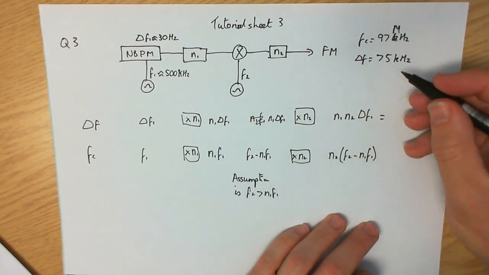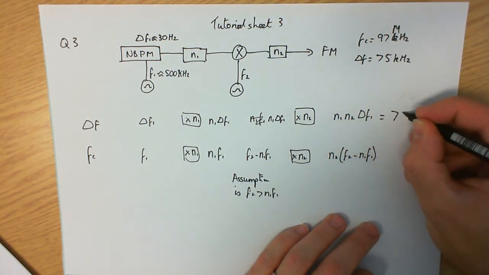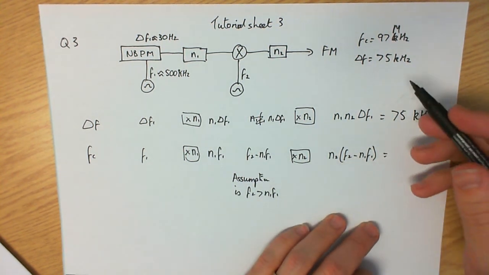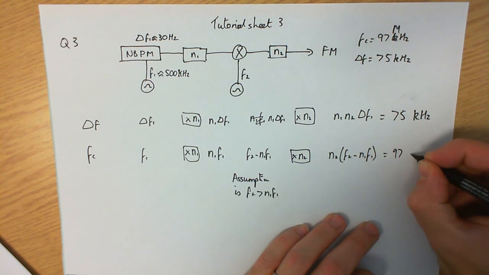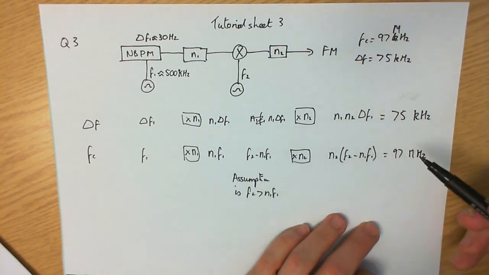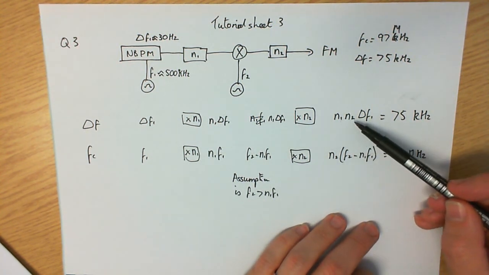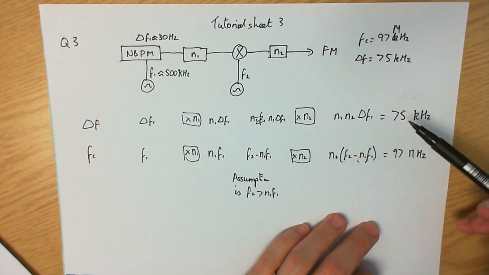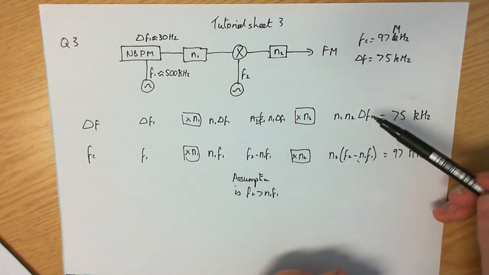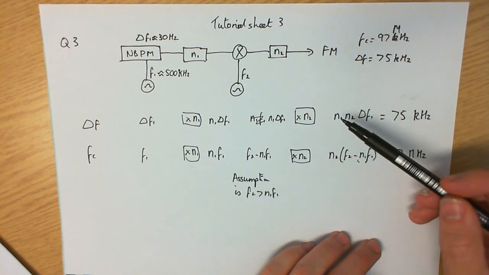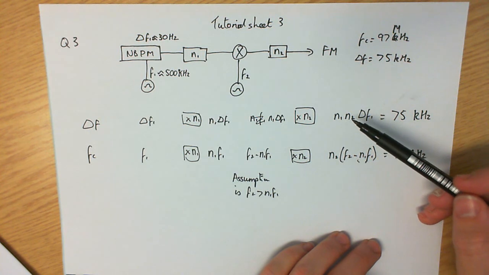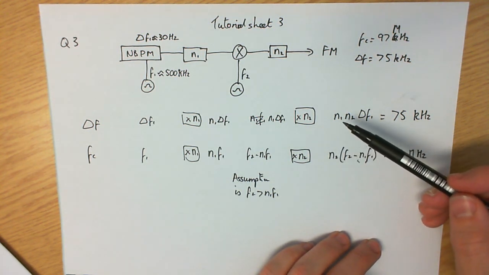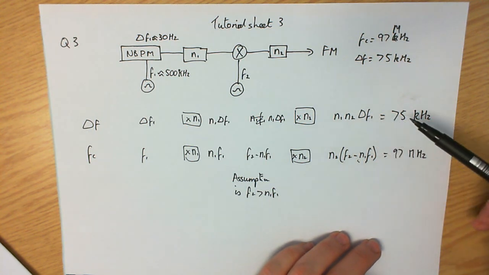So that has to be equal to 75 kilohertz, and that has to be equal to 97 megahertz. So we've got 3 unknowns, and we've only got 2 equations, so this is why there's an infinite number of solutions. It's all about how you design and trade off the values of N1, N2 and F2, and you can use those equations and put in whatever numbers you wish to get this answer.